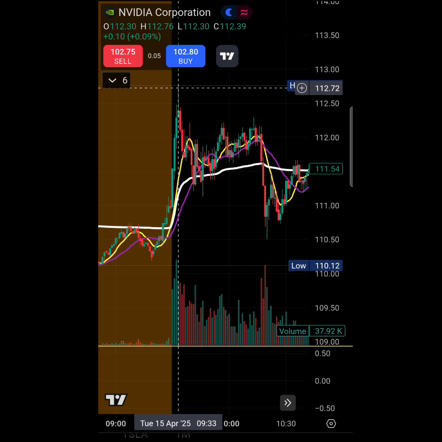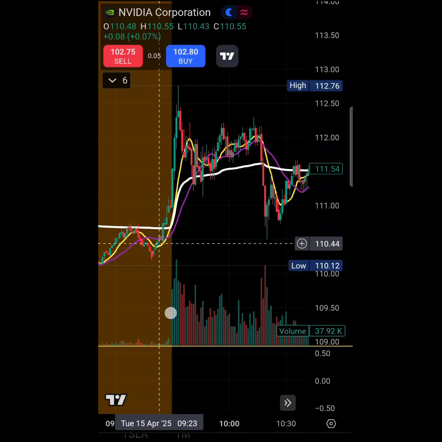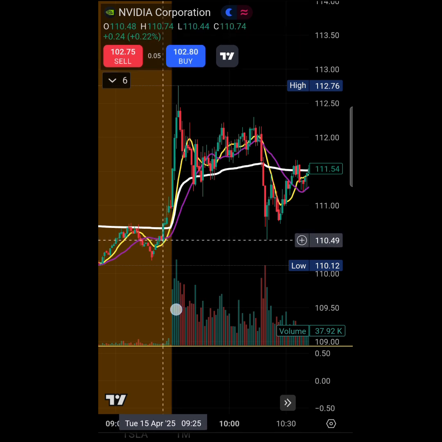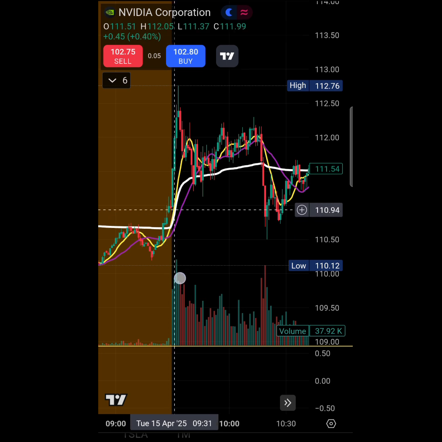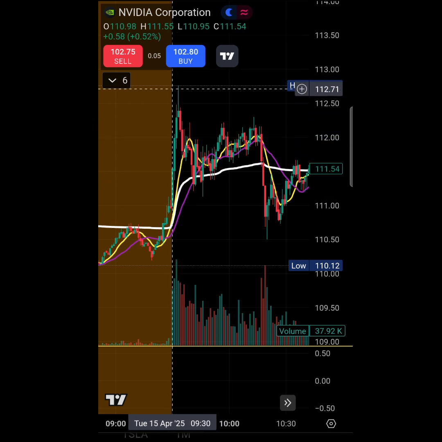Like I said, it's a measured move. It can move between $2 to $3 up and down, but the total is only 7 for the day. That's how NVIDIA tends to play it. So you would have entered your call here at $110, bought that call and ridden it all the way up to 112.